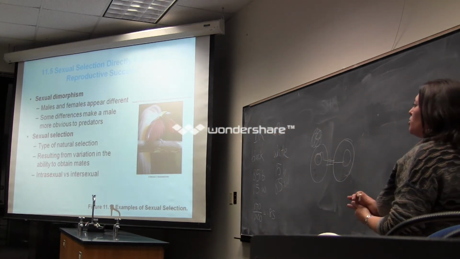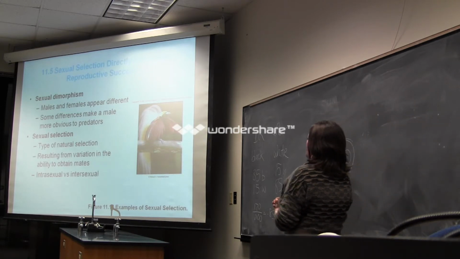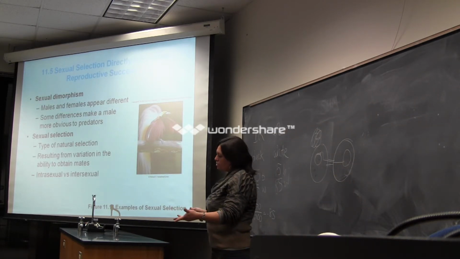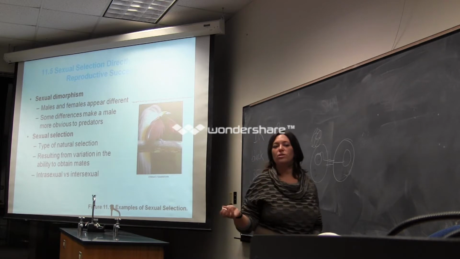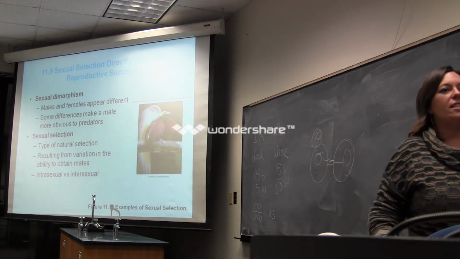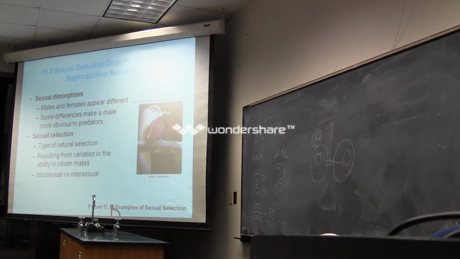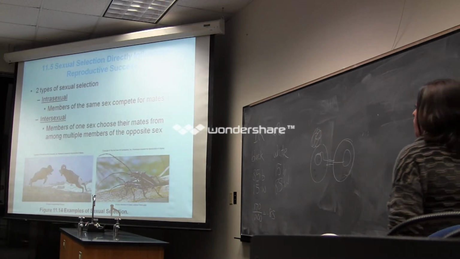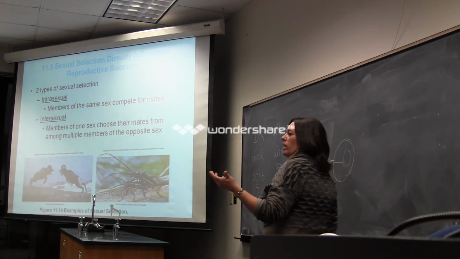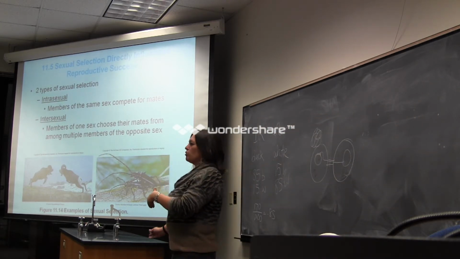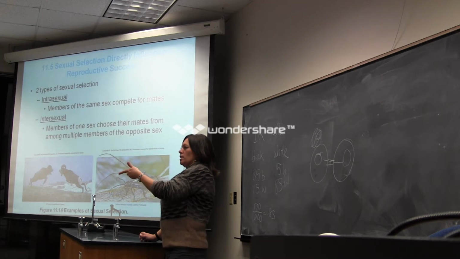All right, so sexual selection, like we said, is a type of natural selection, and there are actually two different things that can come of it. One is called intrasexual selection, and the other is intersexual selection. Intrasexual means within the same sex, so male to male or female to female.